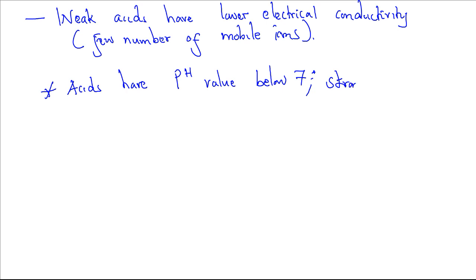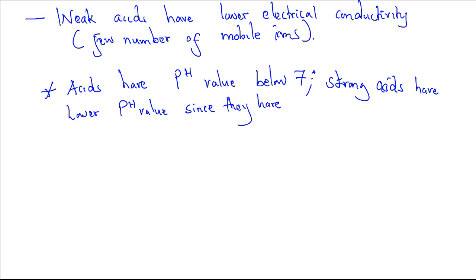Strong acids have lower pH value since they have a high number of hydrogen ions.